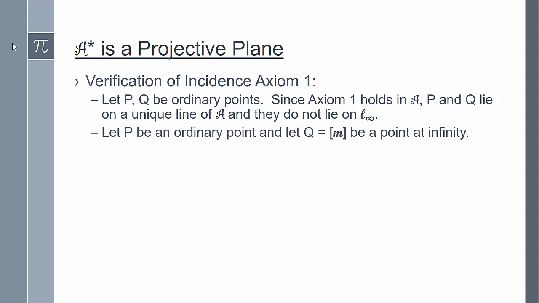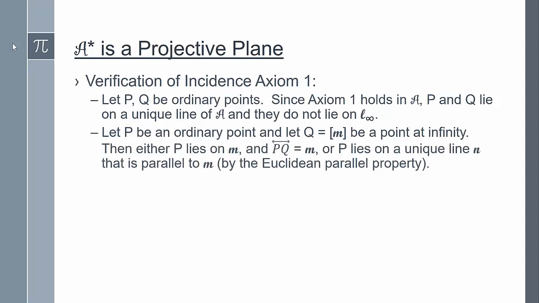If we had an ordinary point P and we let Q be an equivalence class, a point at infinity, let's say the equivalence class of M, then we need to show that there's a unique line passing through P and Q. Well, if P lies on line M, then the line PQ is equal to M.